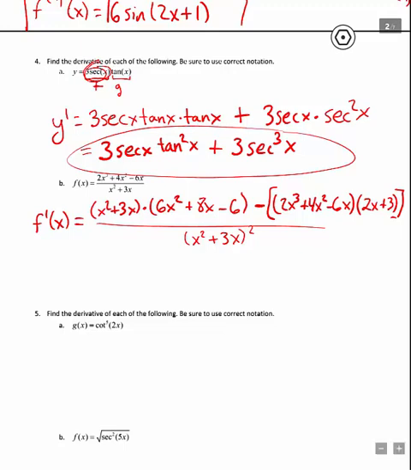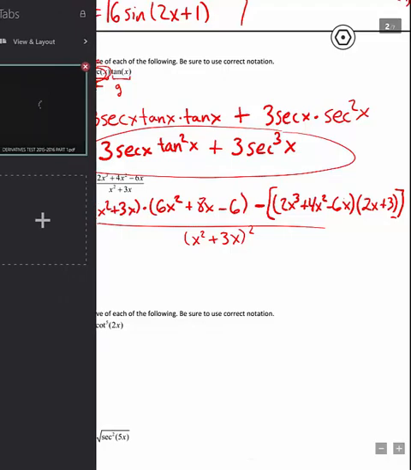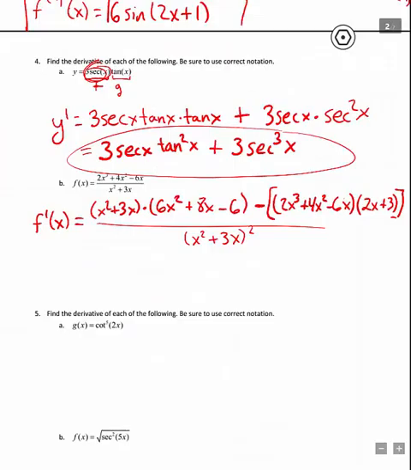But this would be full credit right here. But if you want to actually try to simplify this and keep simplifying it, you'll see that you can simplify it pretty much all the way to f prime of x equals 2. So if you want to try that on your own and see if you can simplify that, that's good practice.